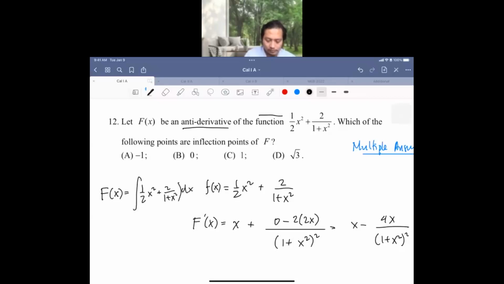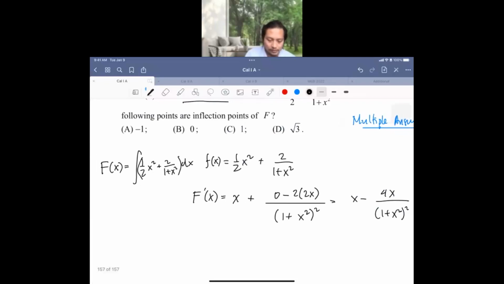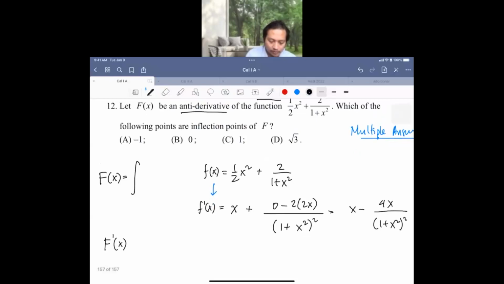So the inflection point of f, so actually this is a derivative of this, and the inflection point will be, so f prime of x, or let me write with t to make it clear that this is the fundamental theorem of calculus. Let me write clearly. Let's say this is from a to x.